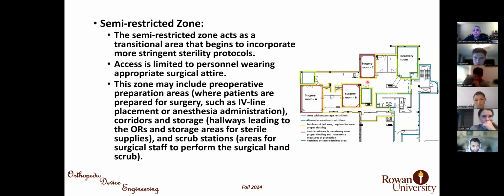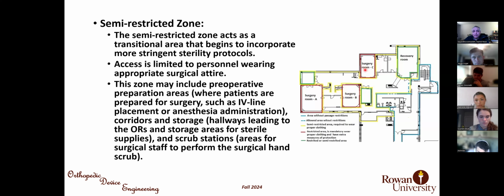Everything in between the operating rooms, they are semi-restricted. You can walk in these areas. You don't need to wash your hand and wearing the sterile gowns. But if you want to enter the third area, which is restricted area, you must be very careful.